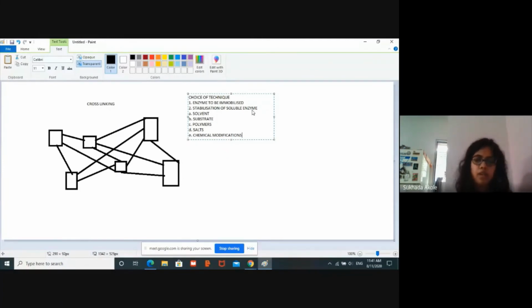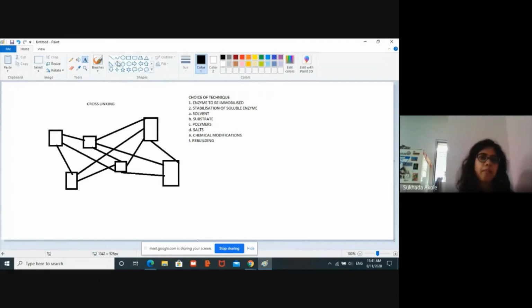Then we have another way of stabilizing them, that is by rebuilding them. Okay. Now what do I mean by rebuilding? Say for example, I have an enzyme molecule like this. So this is my original enzyme molecule, or my native molecule.